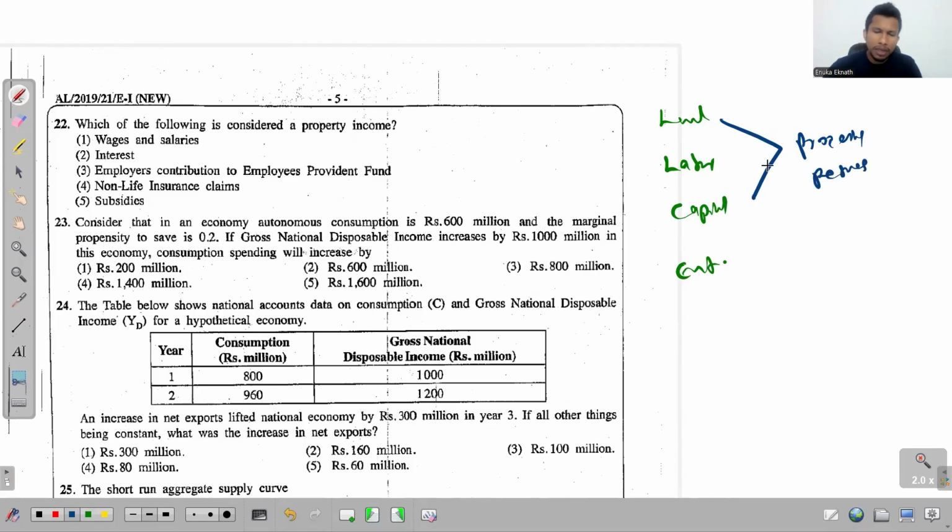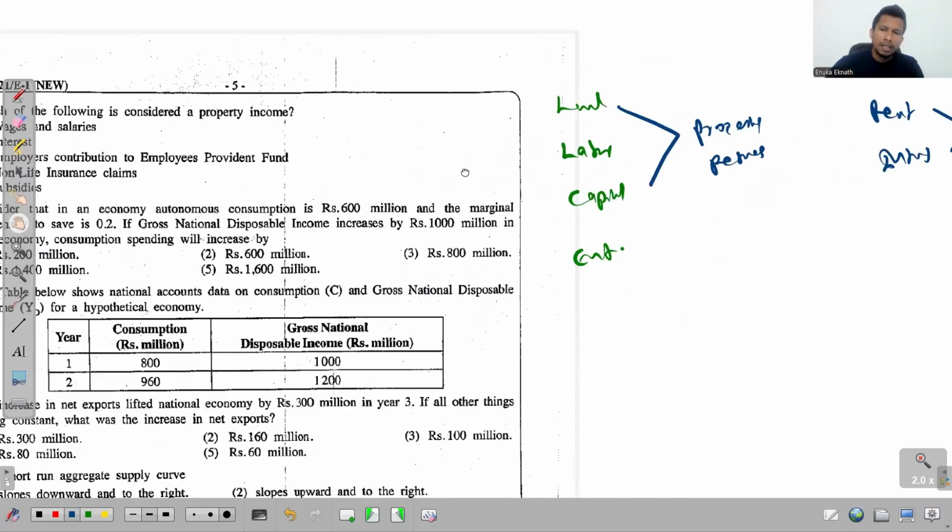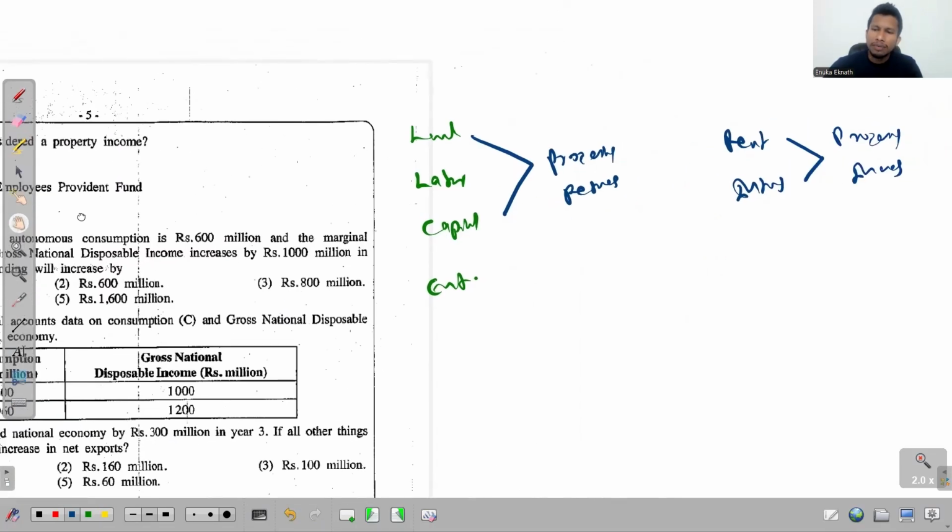So whatever income you earn from those, we can recognize to be property incomes. Now, for example, for land, you earn rent, and for capital, you earn interest. So both of these you can consider to be property incomes. Simple as that. Then it has to be either rent, if not interest.